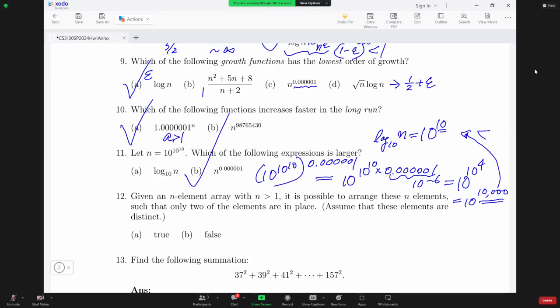10,000 exponent. The other one is just 10.